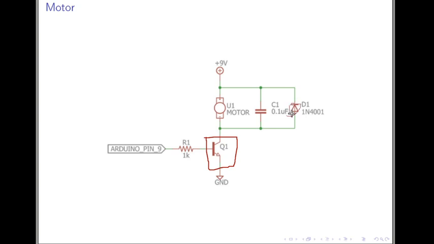To reduce the fluctuation we have this capacitor across the motor, since voltage levels may vary at a high rate. The capacitor acts as a short circuit for them, and therefore the high fluctuation signals are shorted through the capacitor. This is the basic connection of the motor.